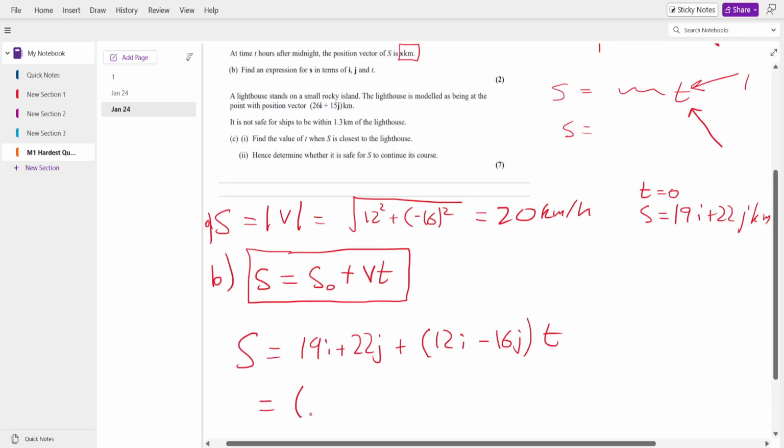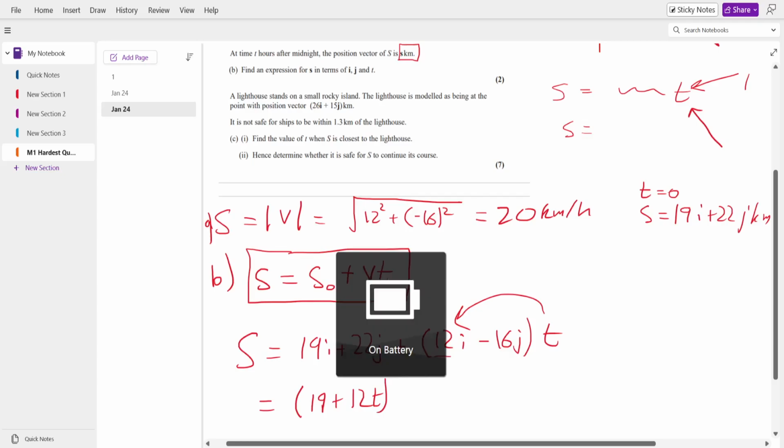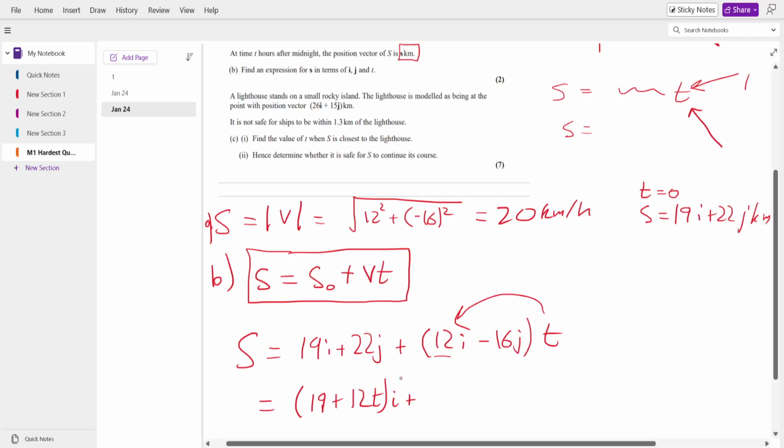The i component will have a 19, and then adding 12 multiplied by t, so adding 12t. And then adding to it the j component, which is similarly going to be 22, and then minus 16t j.